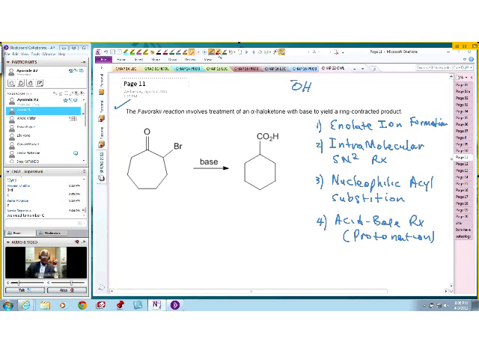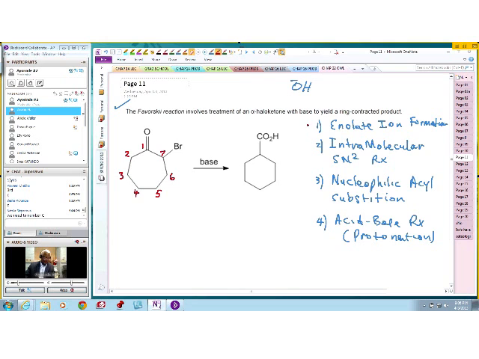Okay, before we proceed, let me go ahead and number this carbon. This is carbon 1, carbon 2, carbon 3, carbon 4, carbon 5, carbon 6, carbon 7. Okay, so let us start. The first step, can anybody tell me, where are we going to form the enolate ion?